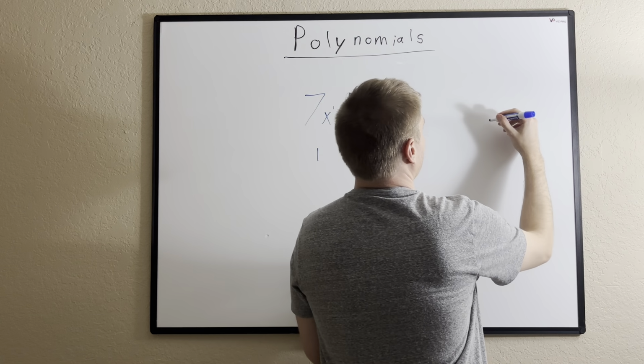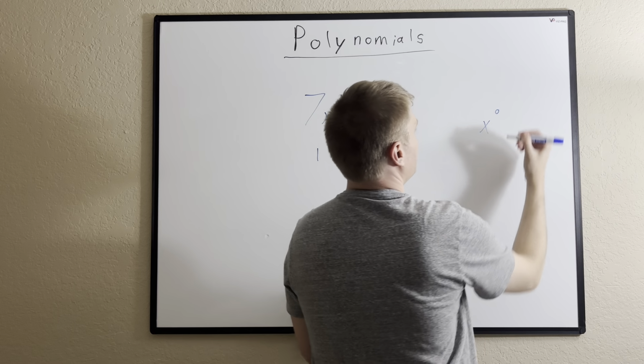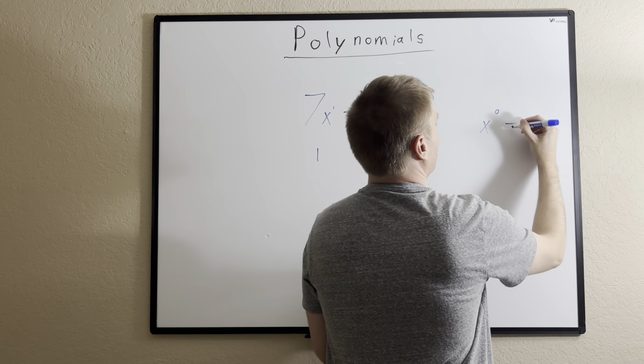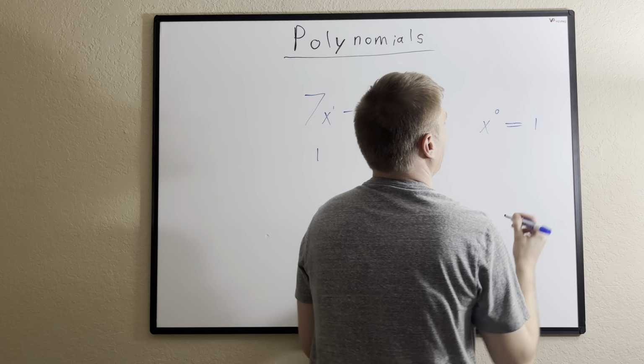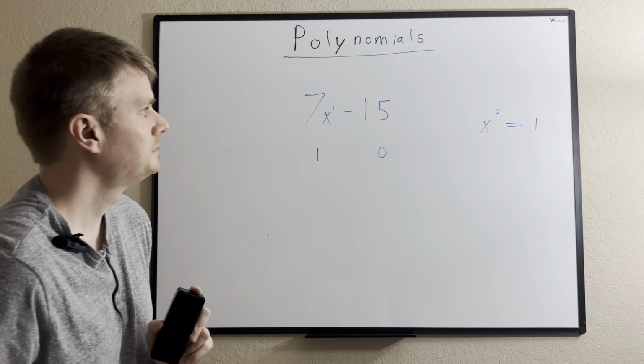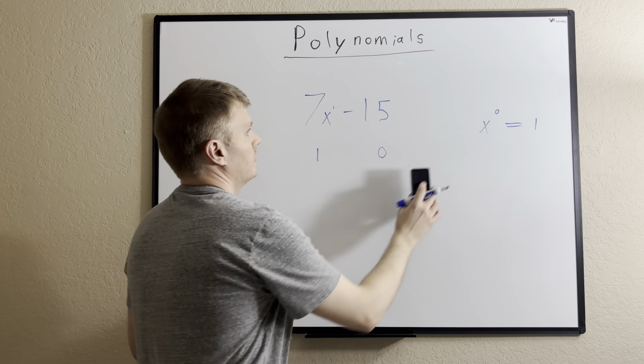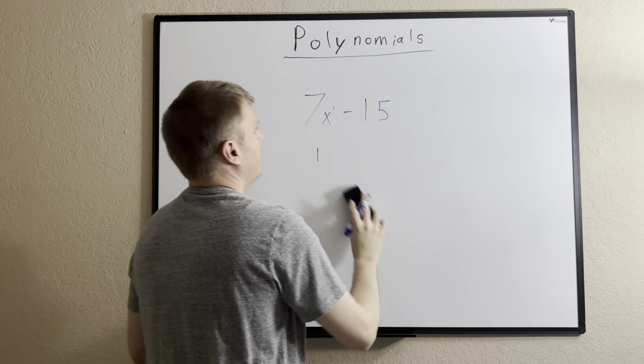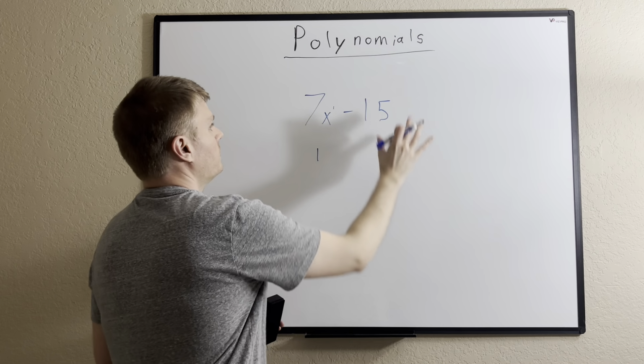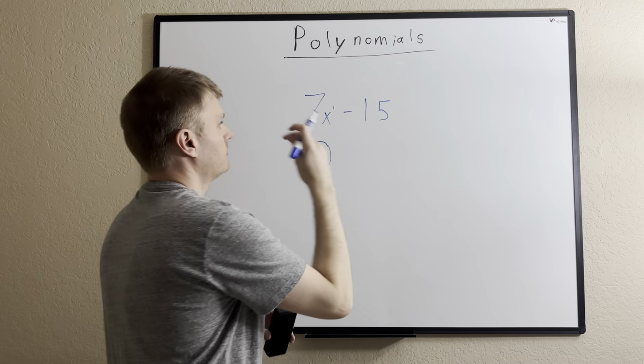Because any number raised to the 0 power is 1. Remember that? But the degree of the entire polynomial itself is 1.